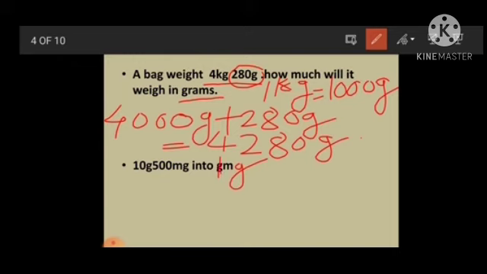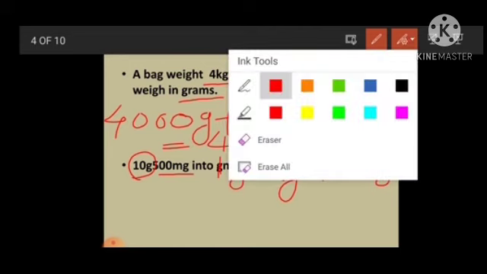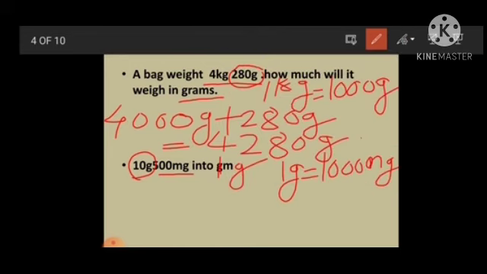Now 10 gram 500 milligram converted into milligram. Here 500 milligram is already there, so don't change it. Only we change 10 gram. So 1 gram is how many milligram? 1000 milligram.